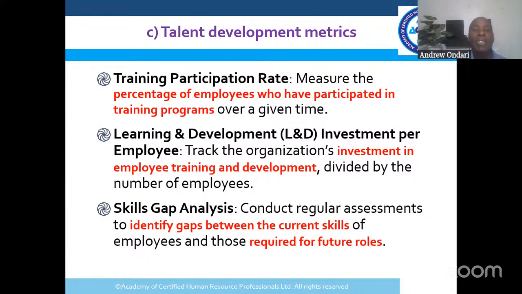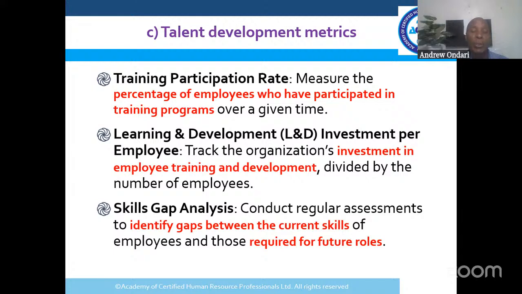Talent development, if I may explain it, is the enhancement of skills, knowledge, and the competencies of employees so that, one, they become more productive.